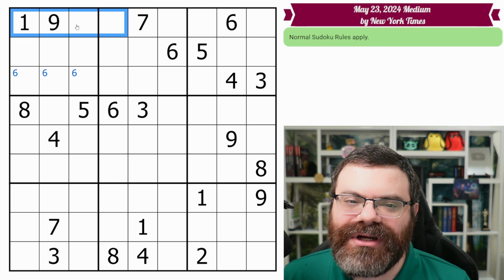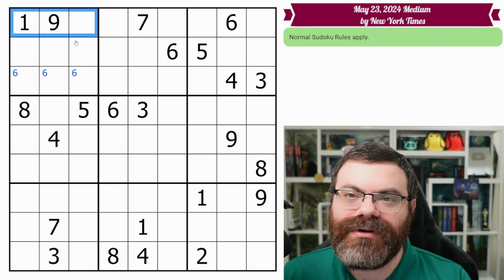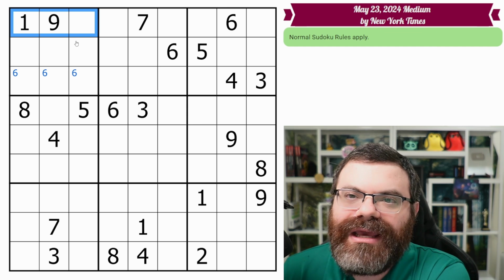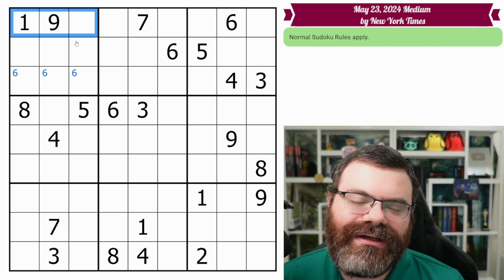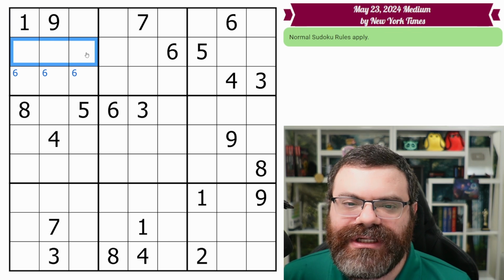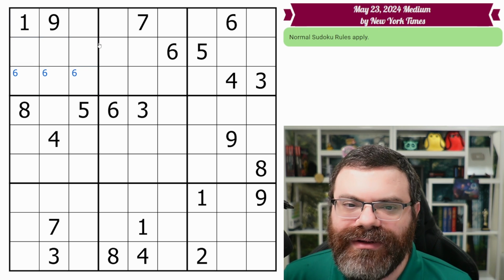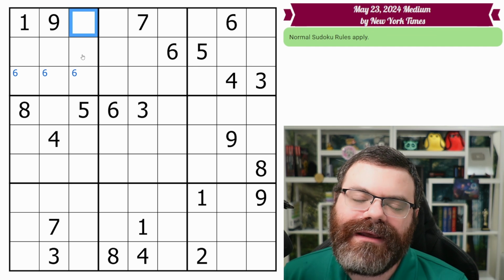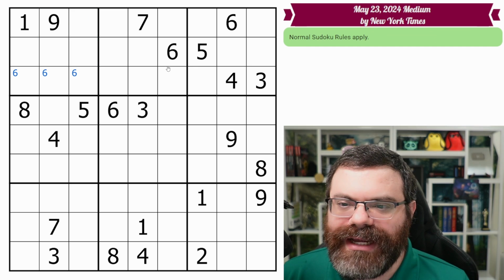Again, the names are just for convenience so that we know what we're talking about in shorthand form. It's just like any other thing with a community, you end up with shorthand. But a filled box row would just mean that we know what all the digits are. We don't have any of those yet, though. Like if this was filled with, say, a 2, this would be a filled box row now. But it's not, so it's not. All right, so we don't have that.